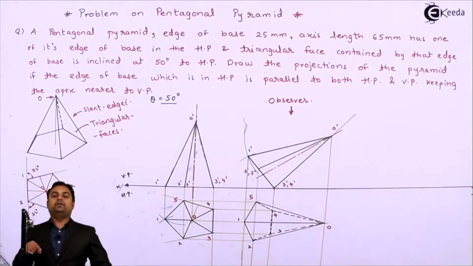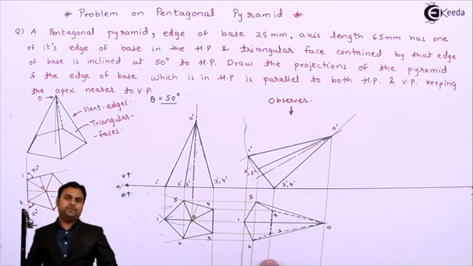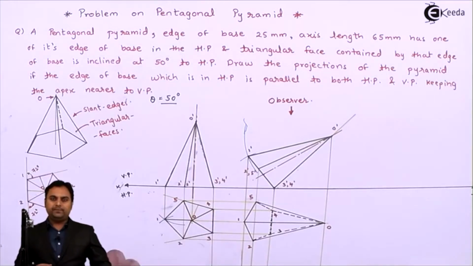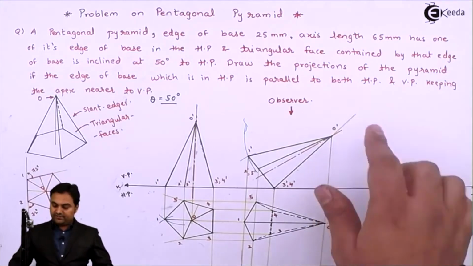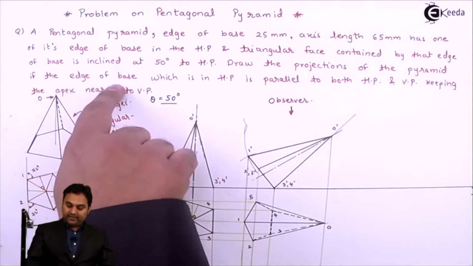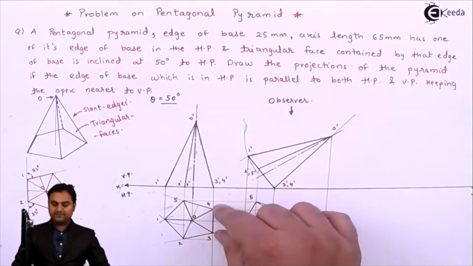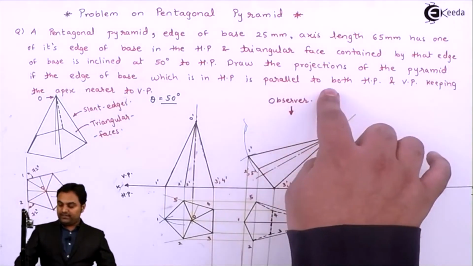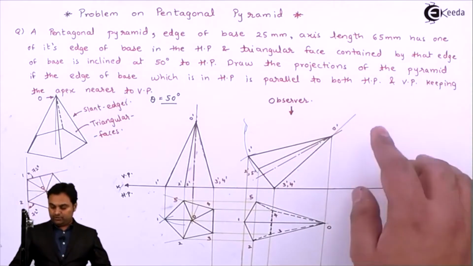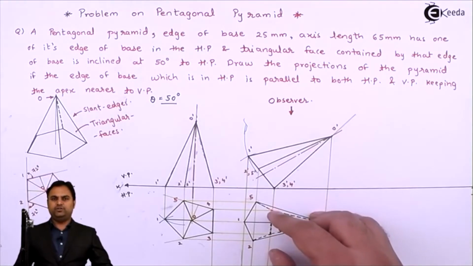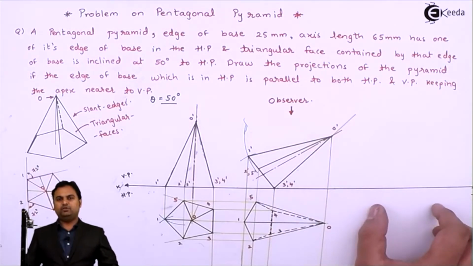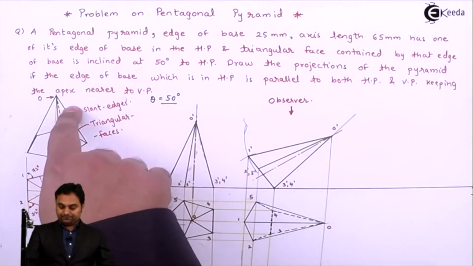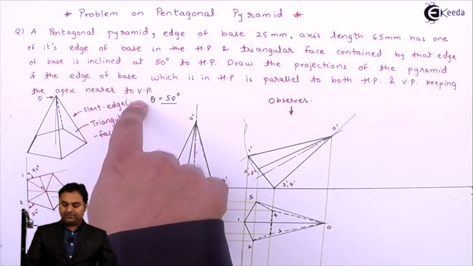Means this is the top view of this inclined pyramid, and here if we see the edge 3 to 4, this edge is parallel to HP and perpendicular to VP. In the question it is given that draw the projections of the pyramid if the edge of base, which is in HP, that is 3 4, is parallel to both HP and VP. So here in the first case it is parallel to HP. Now I will make it parallel to VP, and the condition is keeping the apex nearer to VP.